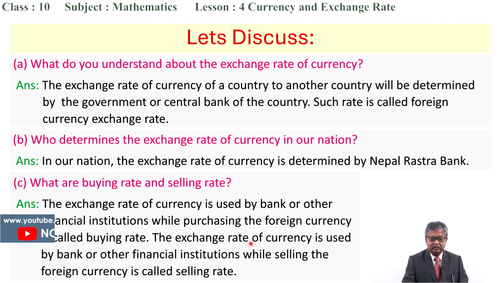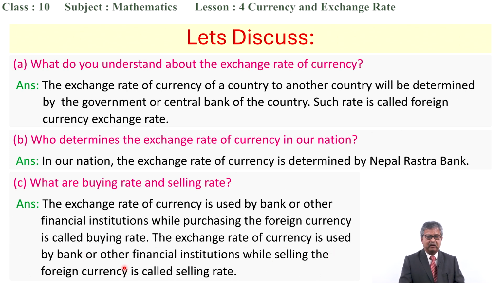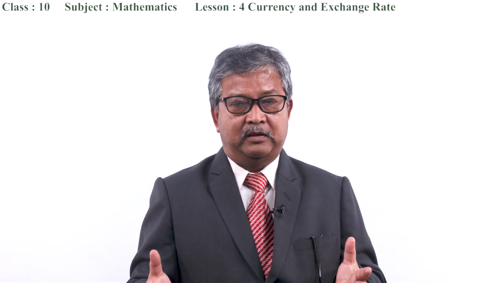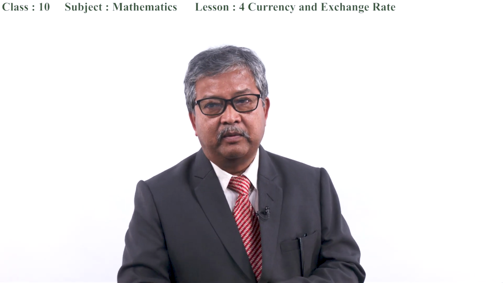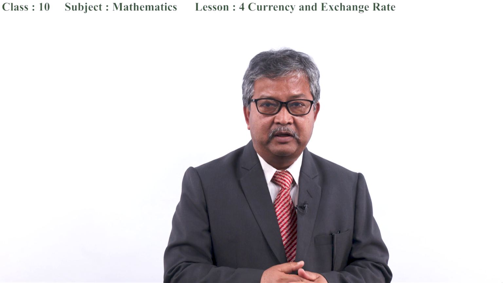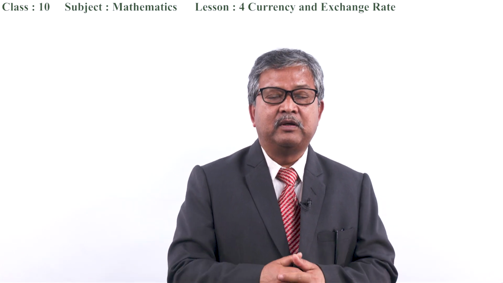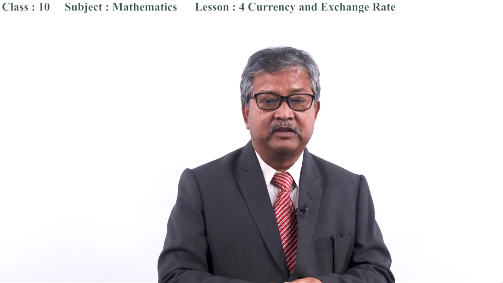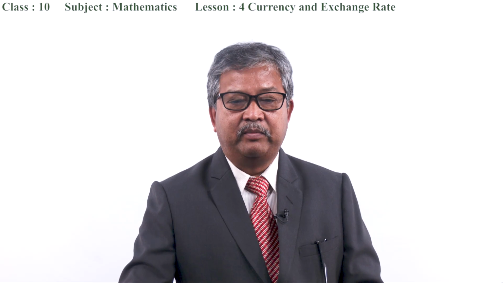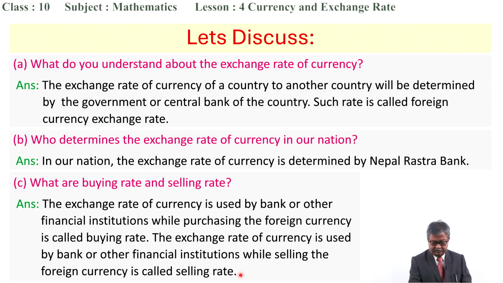And the exchange rate of currency used by a bank or other financial institution while selling foreign currency is called the selling rate. That means, suppose we need US dollars, then we give Nepali currency to the bank and we get US dollars. At that time, the bank what? Sells the foreign currency. Yes, at that time the bank uses the selling rate.